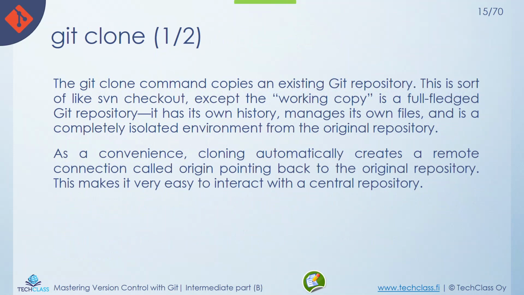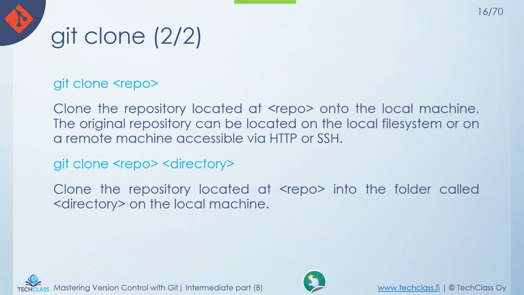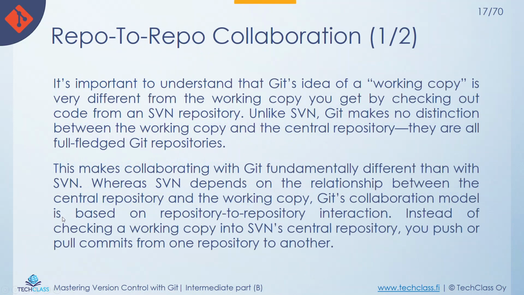That's how you copy a repository from a source to your local computer. And here are different options too. You can use git clone and then the link of the repository, or mention the directory. If you do, it's going to create the repository inside of the directory that you're applying the command to.